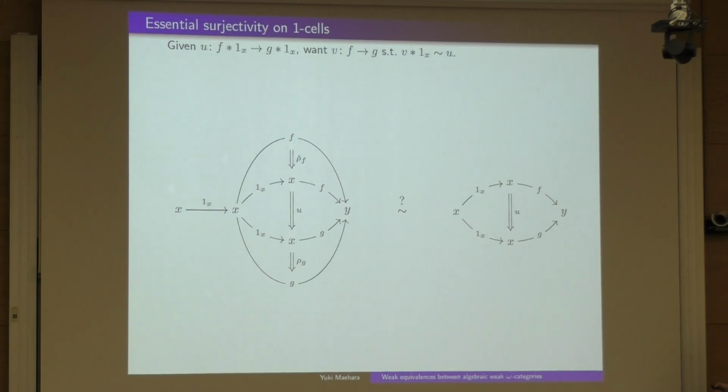This is true in the strict world. So, if what I said on the previous slide was true, then probably you can just take that relation from the strict world, encode that as an operation, and lift it to the weak world. So we would want an operation that takes a U like this and outputs a 3 cell pointing from, let's say, here to here, which we don't actually have, because when I said we have all the operations, I was lying. There's actually a condition on the arity of these operations.